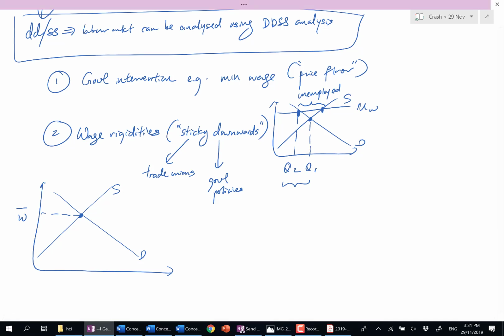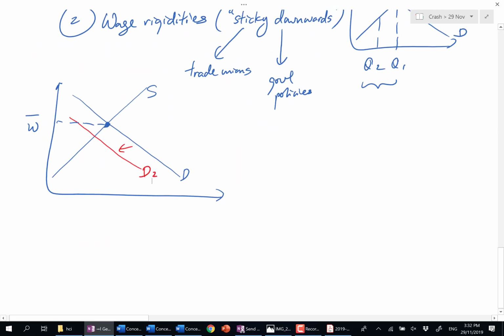So what happens if, let's say today, there's a recession? If there's a recession today and demand falls to D2, by right, so many people will lose their jobs, correct? But if wages are sticky, that means they stay here.